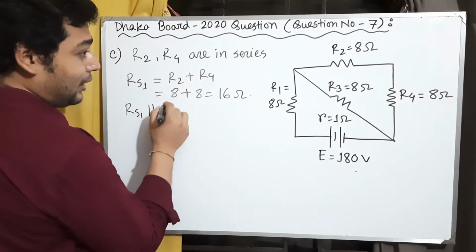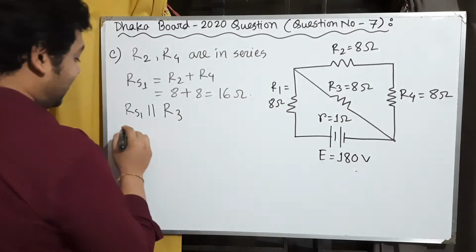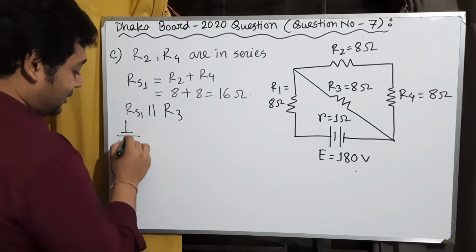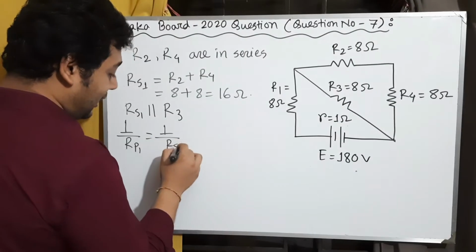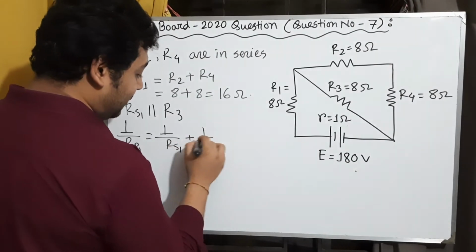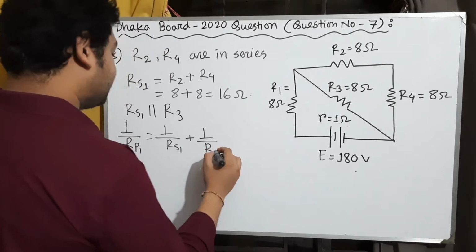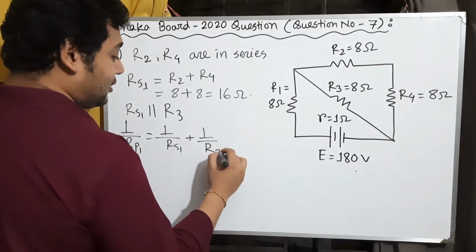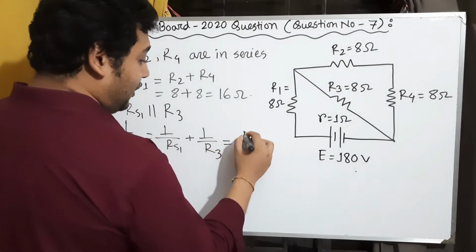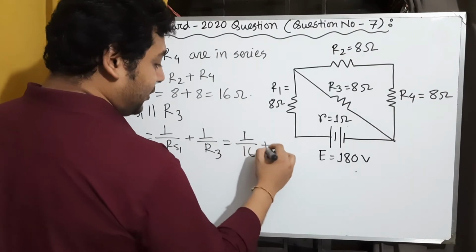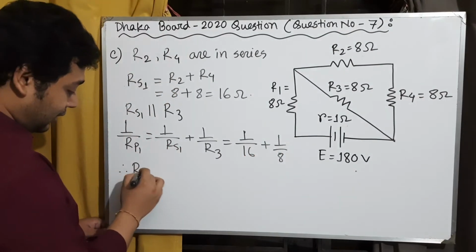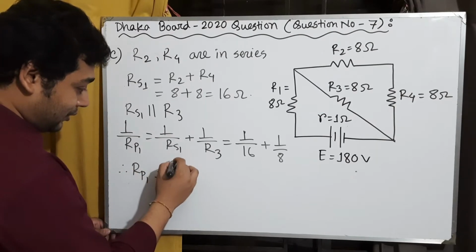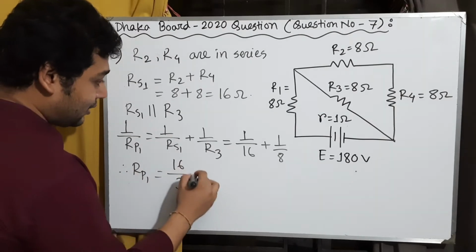We can write 1 by RP1 equal to 1 by RS1 plus 1 by R3, which is 1 by 16 plus 1 by 8. Therefore RP1 equal to 16 by 3 ohm.